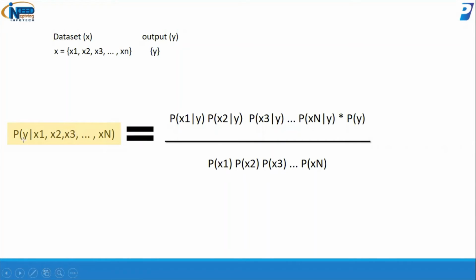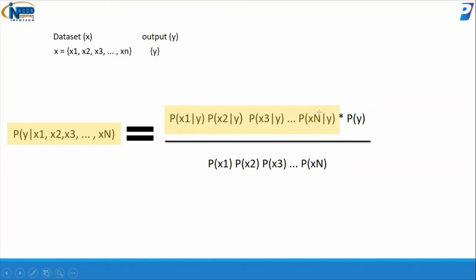Now understand the right hand side. Here you have multiple expressions. The probability of x1 given that y has already occurred, the probability of x2 given y, and in a similar way x3 given y, until xn.